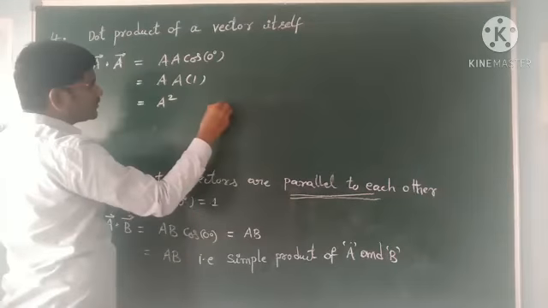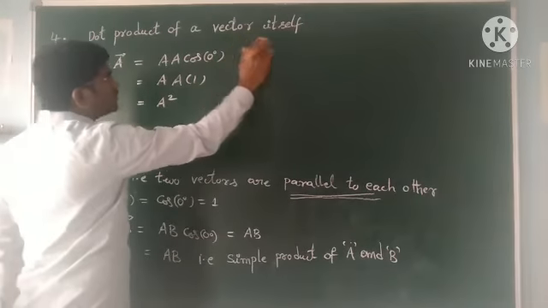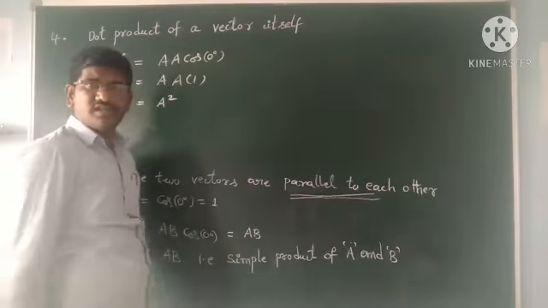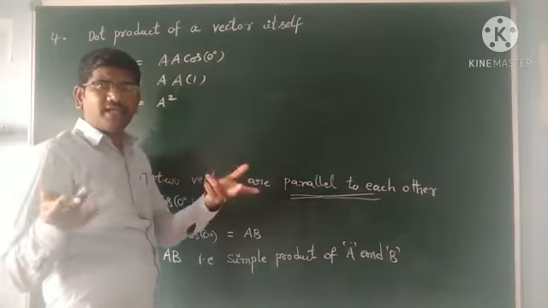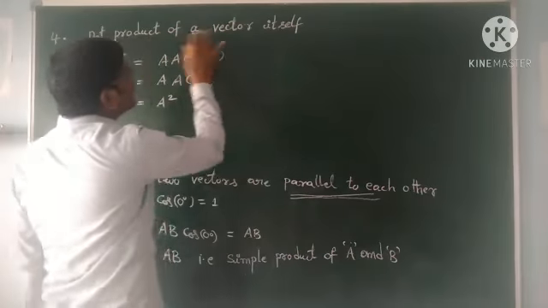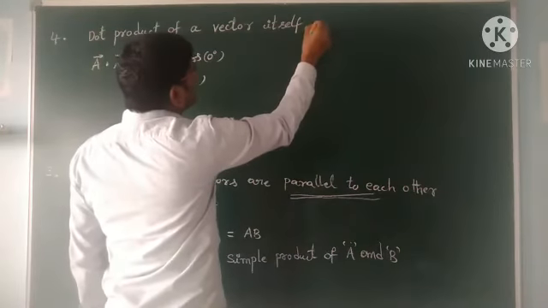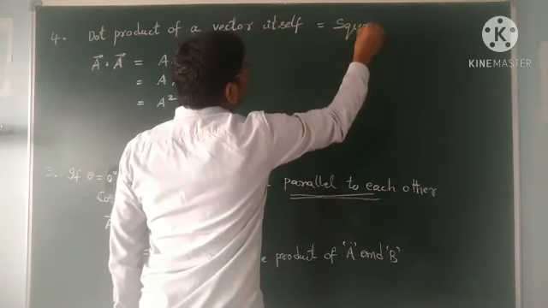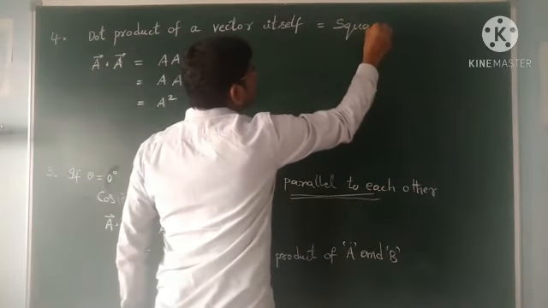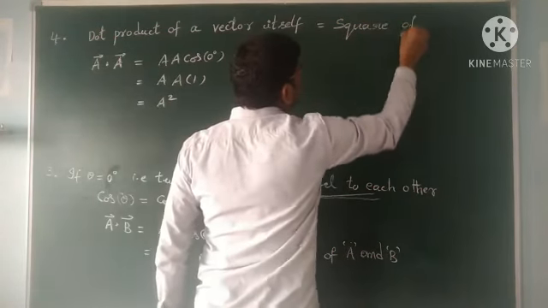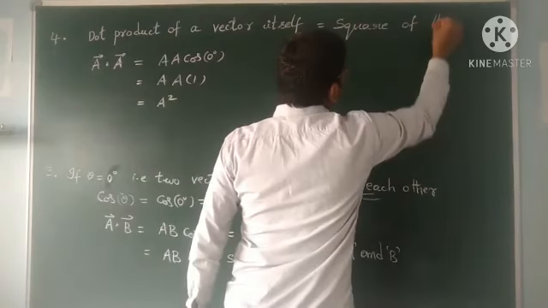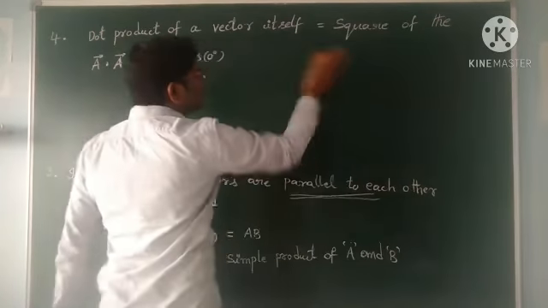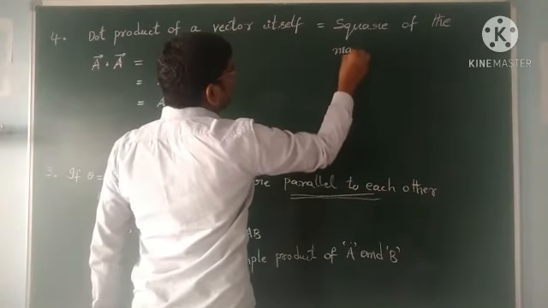So the dot product of a vector with itself is equal to the square of the magnitude of the vector.